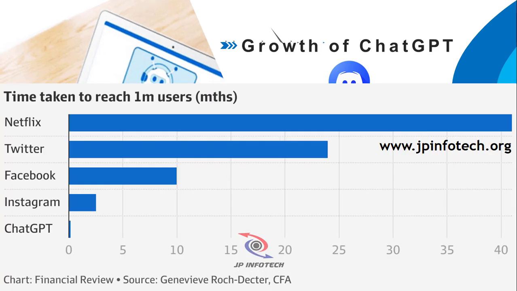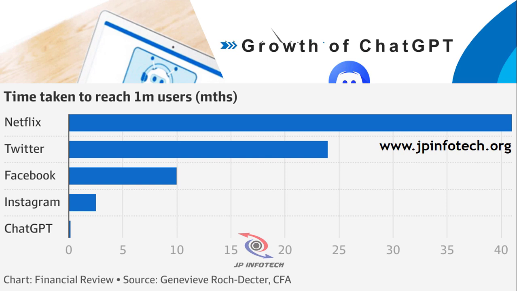And here is the interesting part, that is the growth of Chat GPT. Chat GPT was released on 30th November 2022, and within 5 days it reached 1 million users. When compared to popular applications like Netflix, Twitter, Facebook, Instagram, Chat GPT is the only application which reached 1 million users within 5 days, and no other has done it earlier.